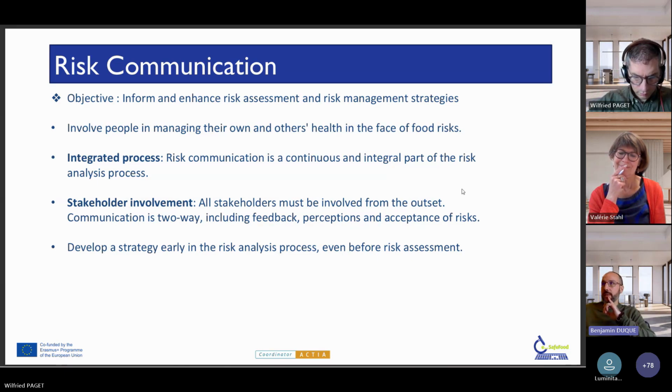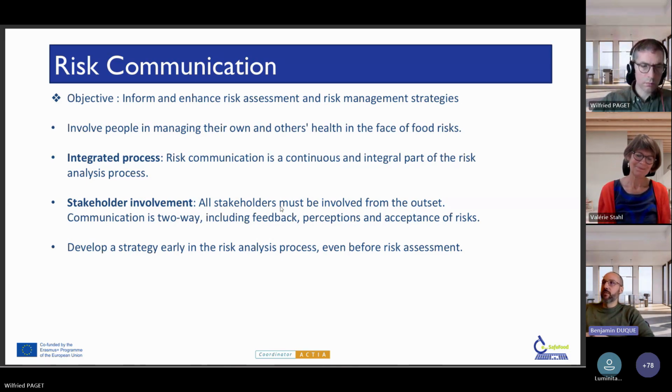And all stakeholders must be involved from the outset. And communication is a two-way communication, including feedback, perceptions, and acceptance of risks. But it is also recommended to develop a communication strategy early in the risk analysis process, and even before risk assessments.